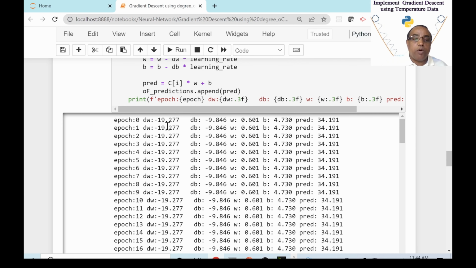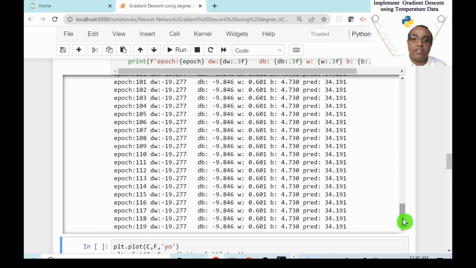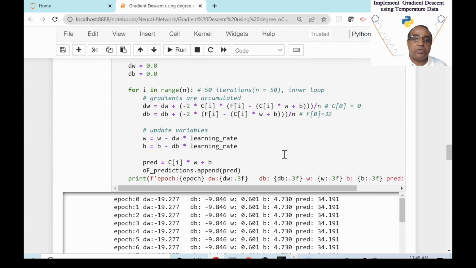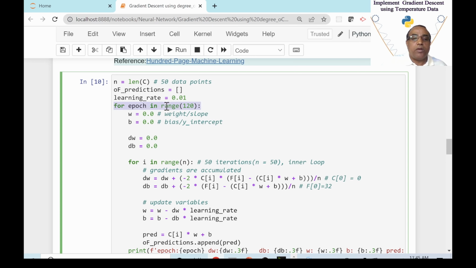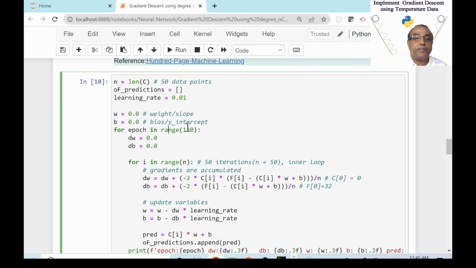In every epoch we are getting the same value. Practically it gives us the same results. So that is not the right position for this outer loop. Okay, let's put it over here. Okay, let's put it back.